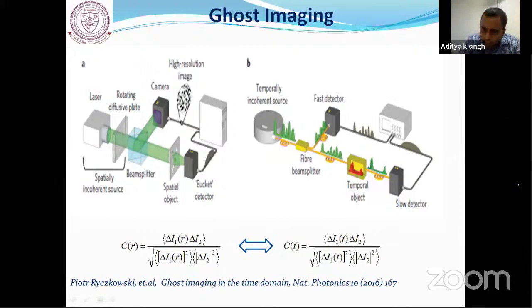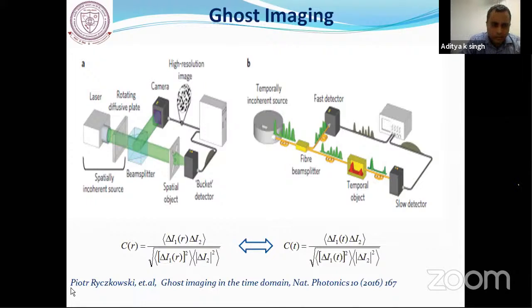Then the correlation of these two lights from the two different paths will give you the information of the object. The temporal version of ghost imaging is also available, but presently we are working mainly on the spatial version of ghost imaging.